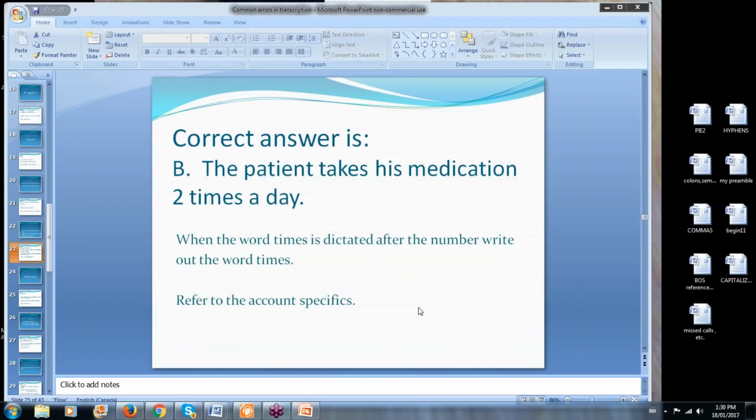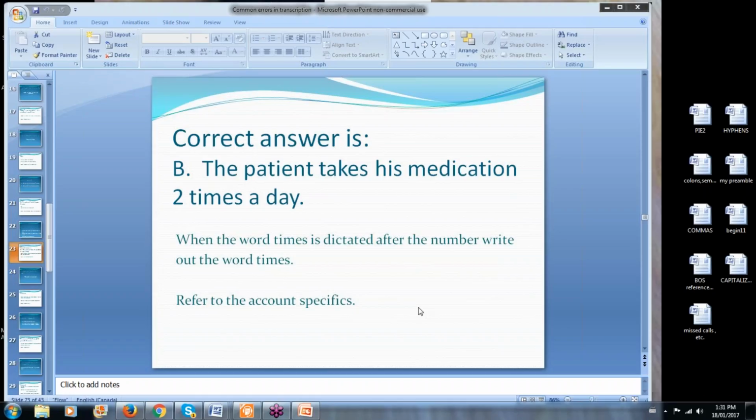Erica, okay. So let's say it's dictated, the patient has to change his bandages times 2 every day. Okay, you would put X2 every day because the word times was dictated before the number.